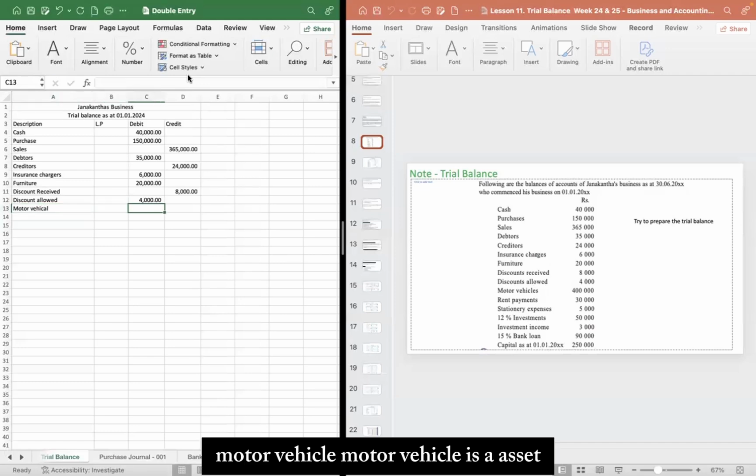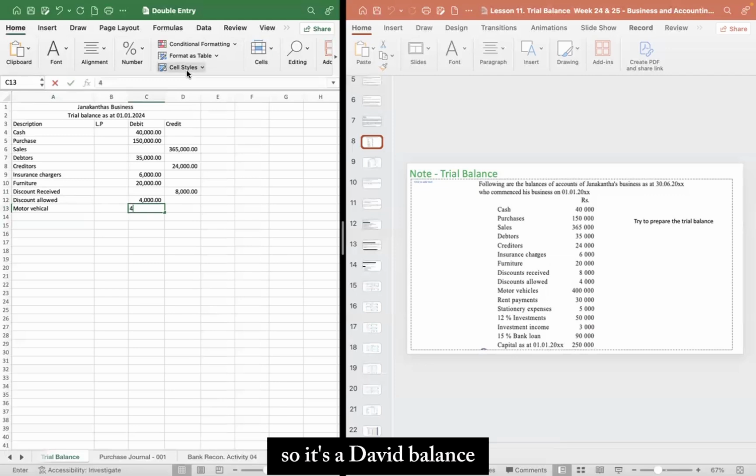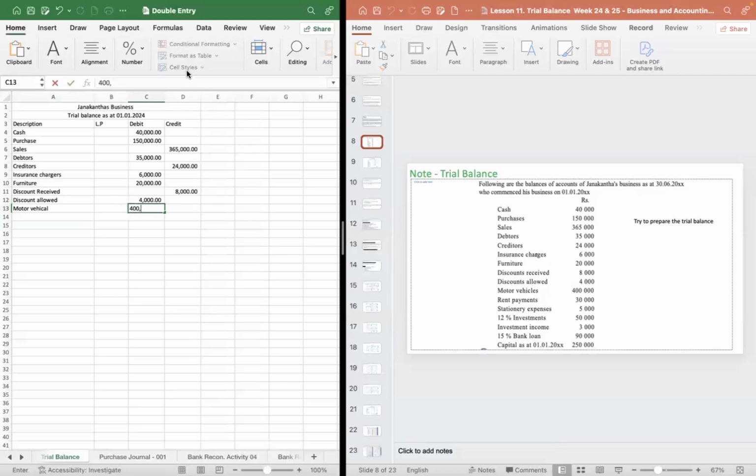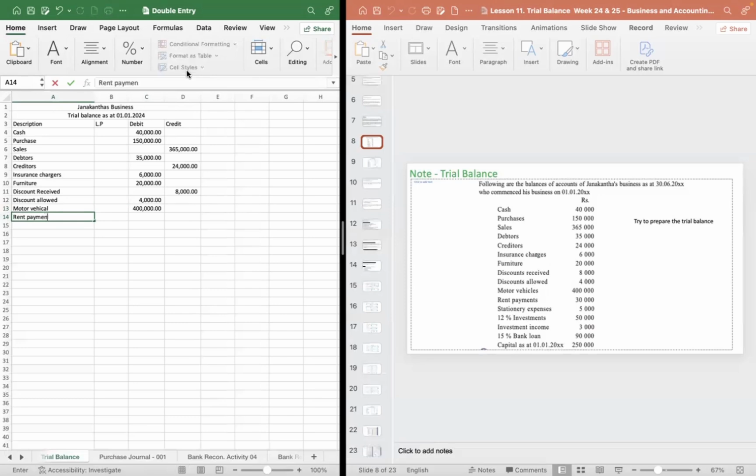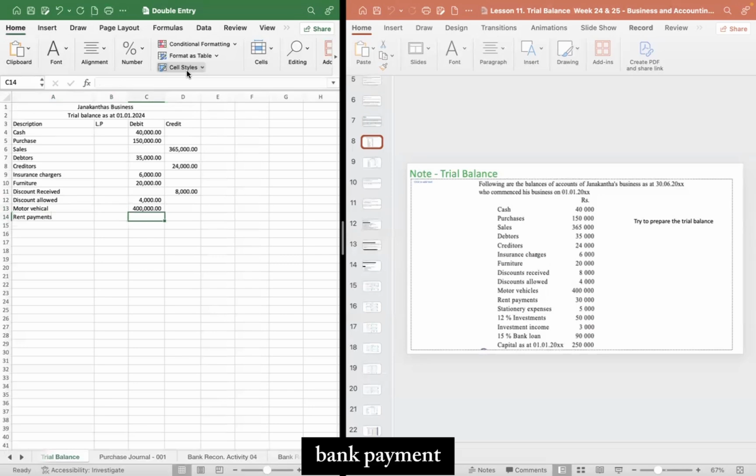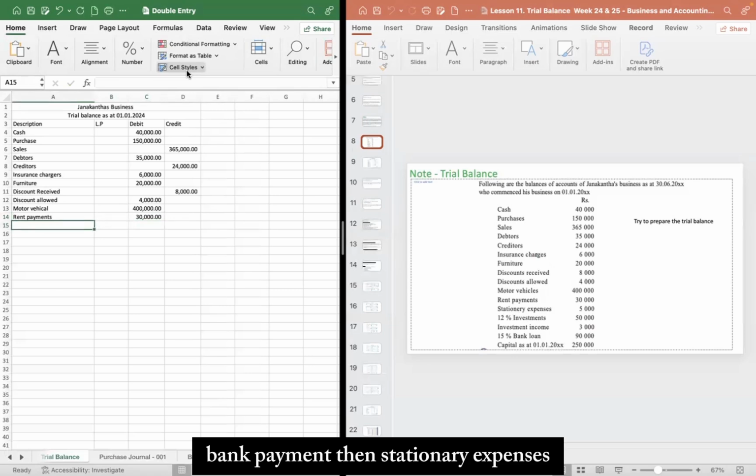Motor vehicle is an asset, so it's a debit balance. Then rent payments. What is it? It's an expense. Then stationery expenses.